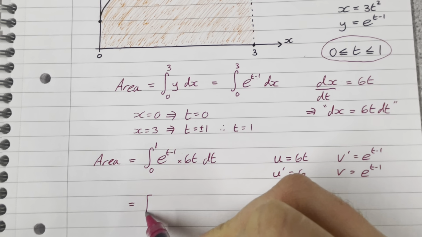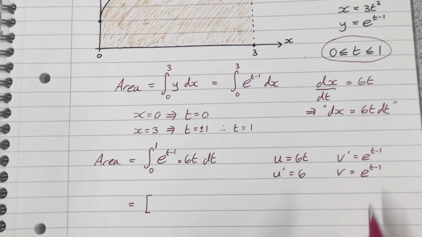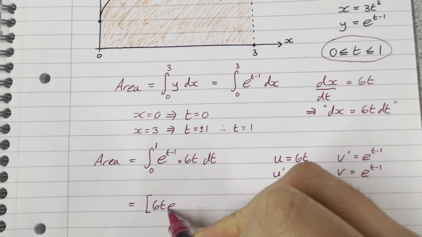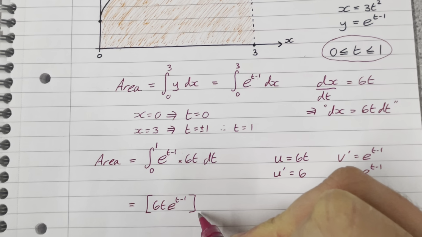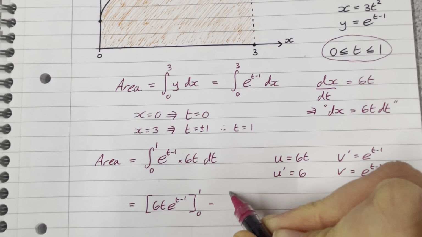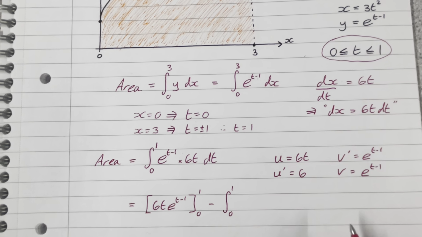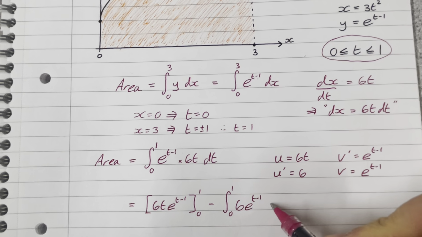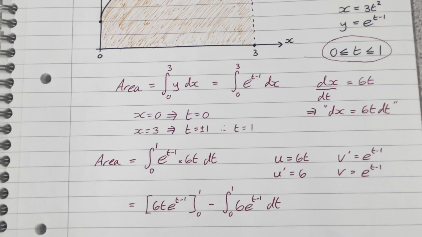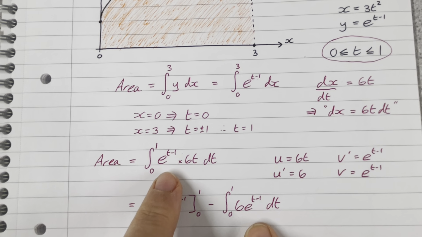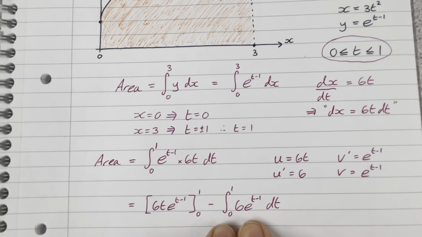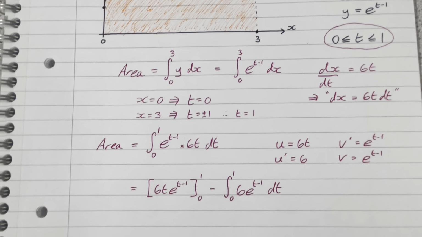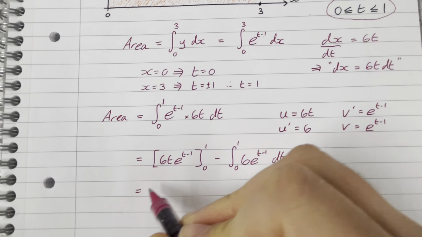So the area is going to be equal to uv, so that's 6t times e to the t minus 1, between 0 and 1, minus the integral between 0 and 1 of v u prime, so that's 6e to the t minus 1 dt. Okay. And the reason I've done that is because I've now taken this integral, which is not standard, and transformed it into this one, which is now a standard integral, so I can just state the answer.